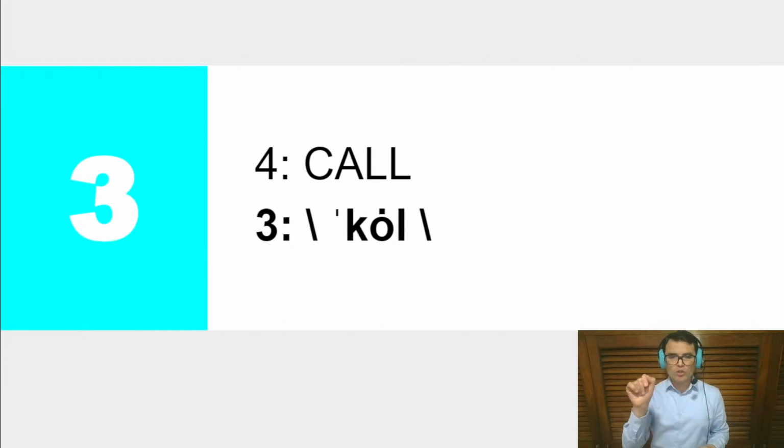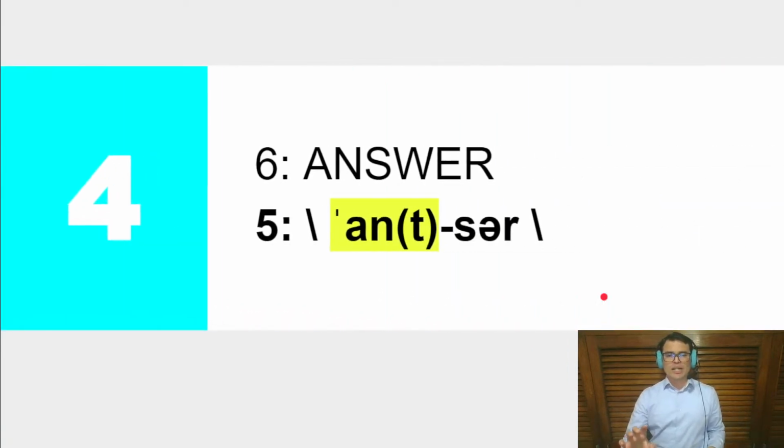You have A when you write it, but you have O when you pronounce it. Call. Call. This one, 6 letters, 5 sounds, 2 syllables. The first syllable is the stressed syllable, and we have answer. Answer. Okay? You have a in the first syllable and in the second syllable.